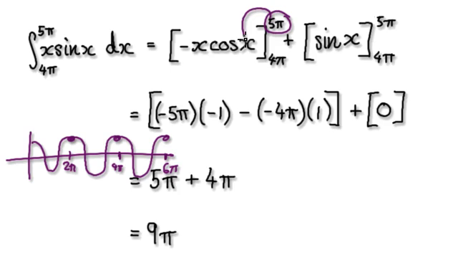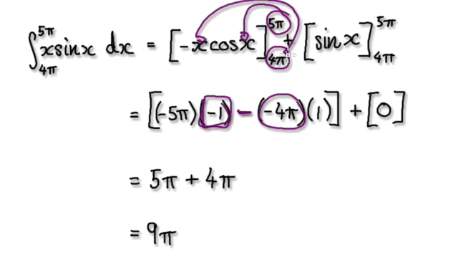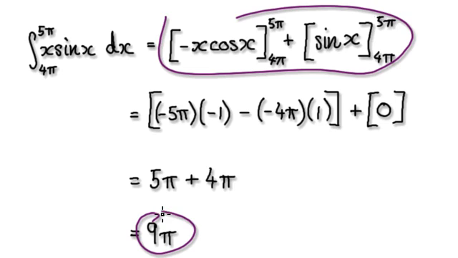So 5 pi would be right here, which would be -1. If you put this into here, that gives you this -1, and then you take away, and put this into here, which will give you 1. Evaluate this whole thing and it will give you 9 pi.